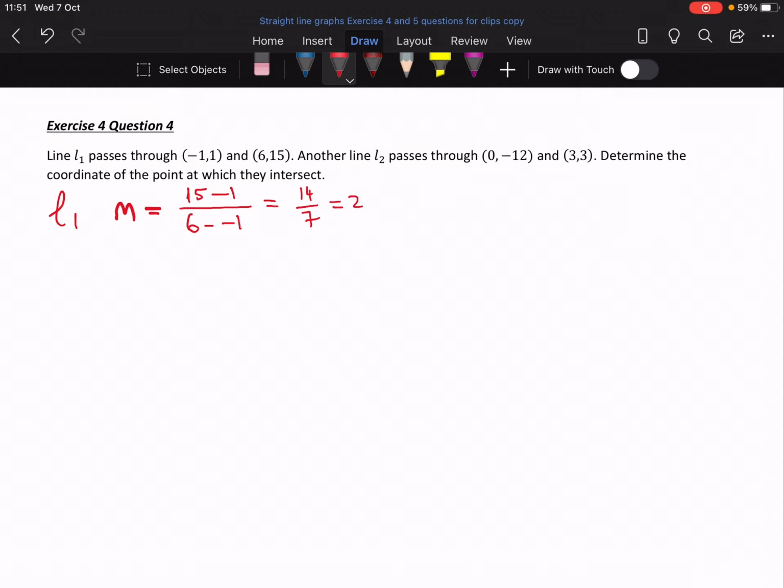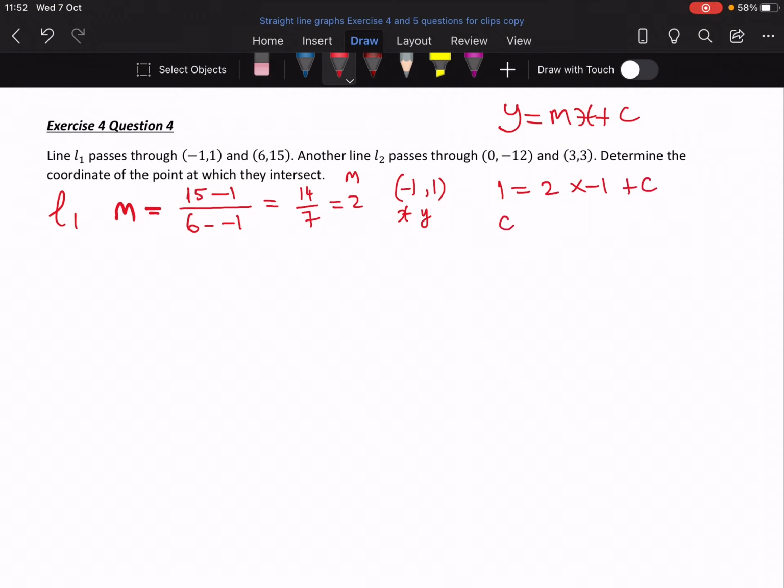I'm going to do y = mx + c, and I'm going to choose the point (-1, 1). So I've got x, I've got y, and I've got m. So in y = mx + c, I'm going to put that here. y is 1, m is 2, x is -1, plus c, I don't know that.